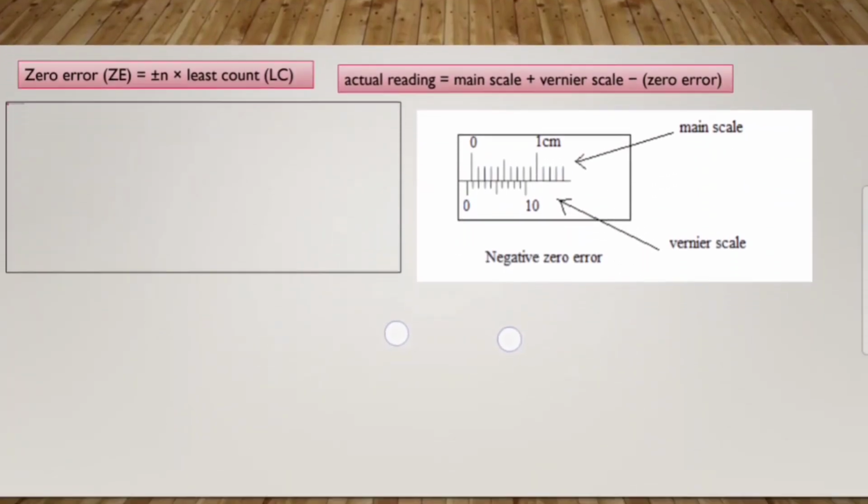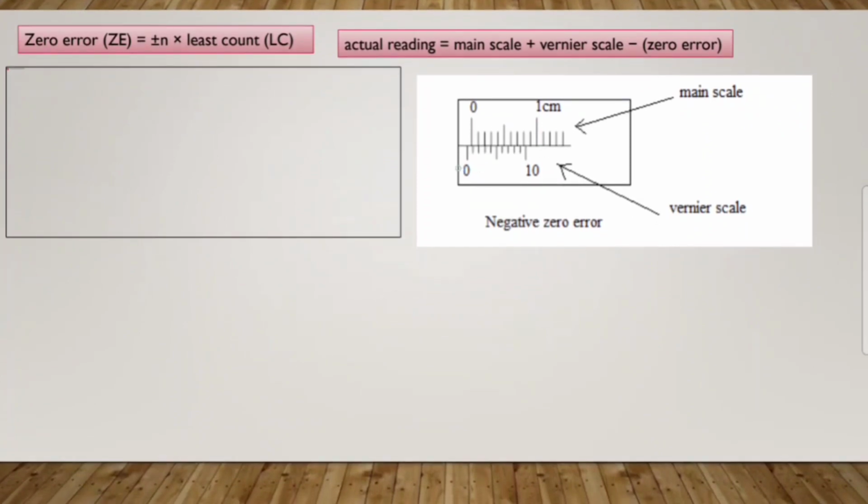But in case it does not coincide with the vernier scale 0, like in this case, the 0 is offset to the left, or it can also be offset to the right. In that case, the vernier scale 0 will be somewhere like this. Then our actual reading and our measured reading will vary.